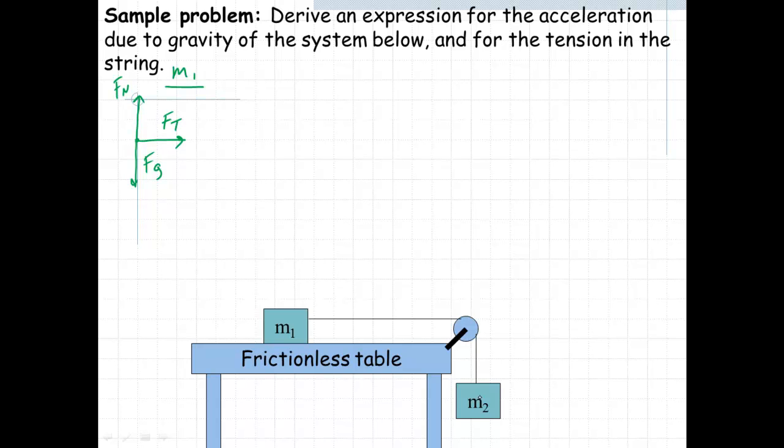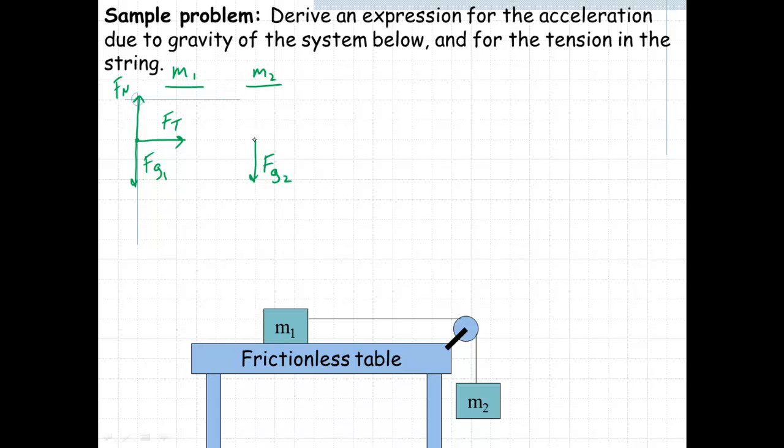We'll also notice that for M2, its force diagram has a force pulling it downward with a force that we'll label Fg2, and that reminds me I should label this for M1 Fg1. They're different weights, so therefore different forces due to gravity. I should label that Fg1 and distinguish that from Fg2.